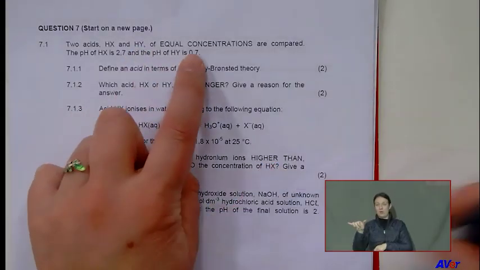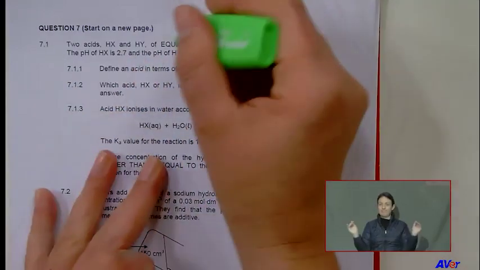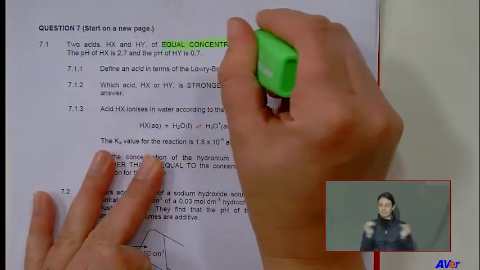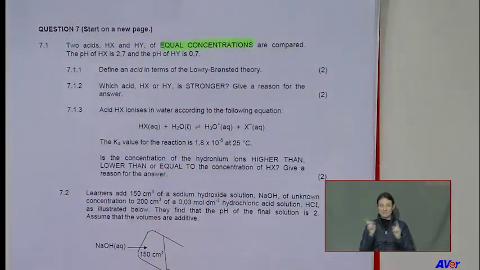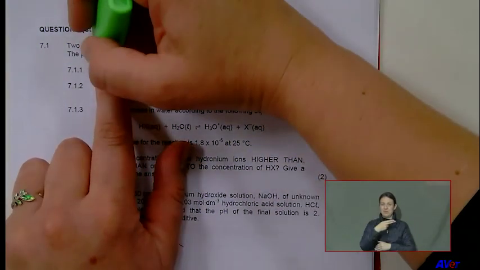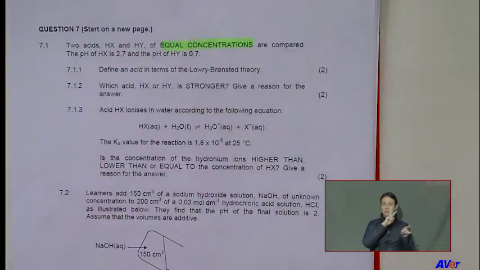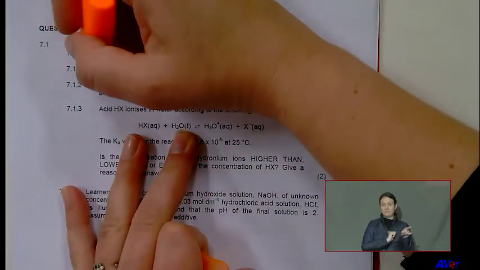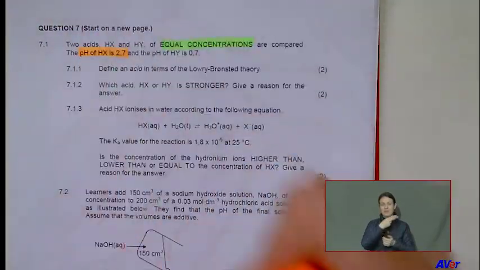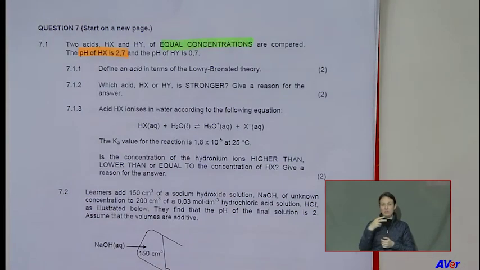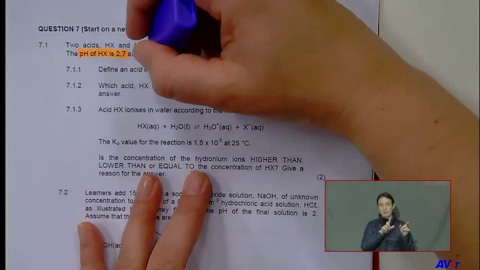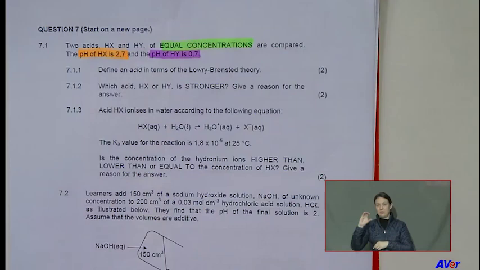You have two acids, HX and HY, of equal concentrations. Equal concentrations. They are compared. The pH of HX is 2,7. And the pH of HY is 0,7.